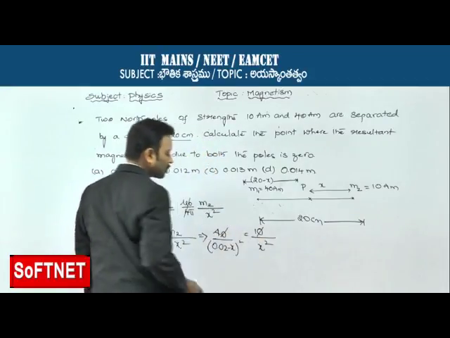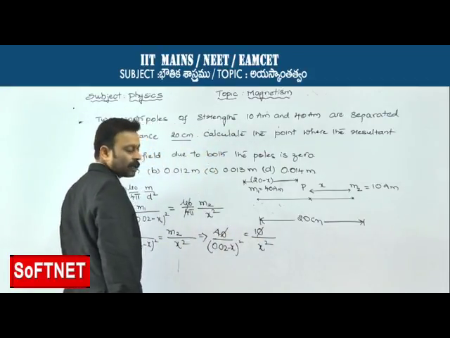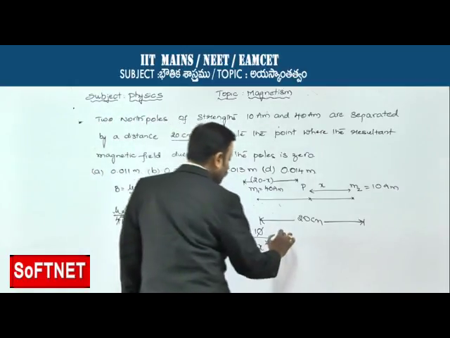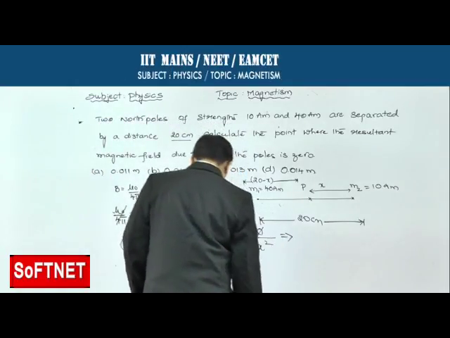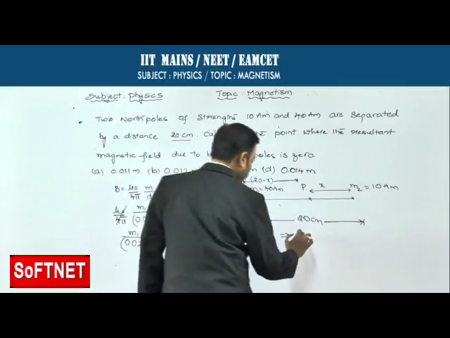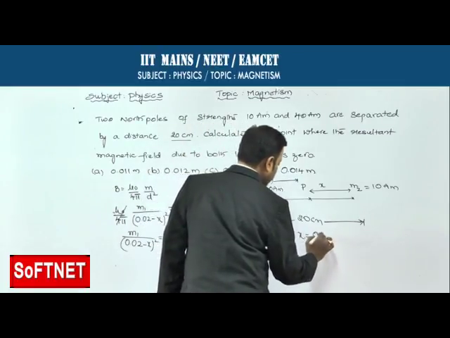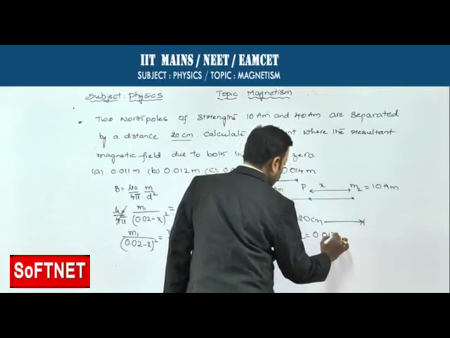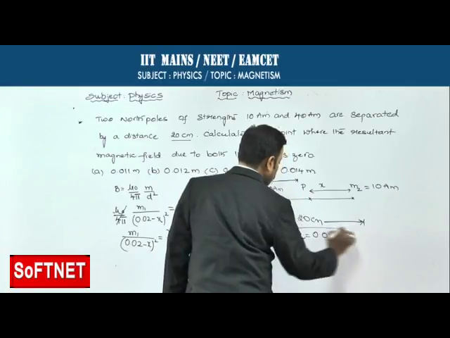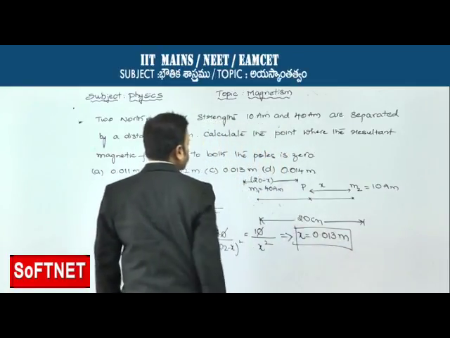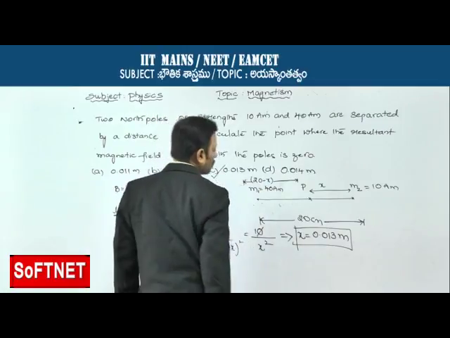Cancel these two zeros on either side. By applying a square root on both sides and on further simplification, you will get the value of x as 0.013 meters. So, the third option is the correct one.